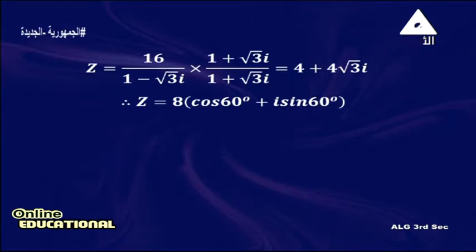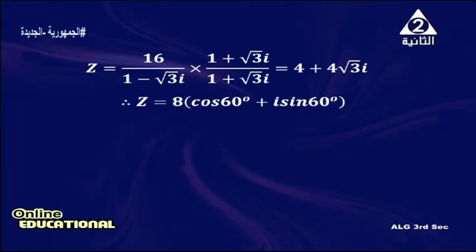Answer is 8. After that, what is the angle theta? Shift tan, or tan power negative 1, y over x, 4 root 3 over 4. Shift tan, 4 root 3 over 4 by using the calculator, or shift tan root 3, equals 60.